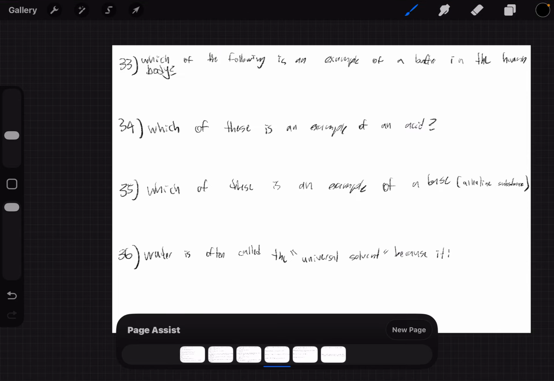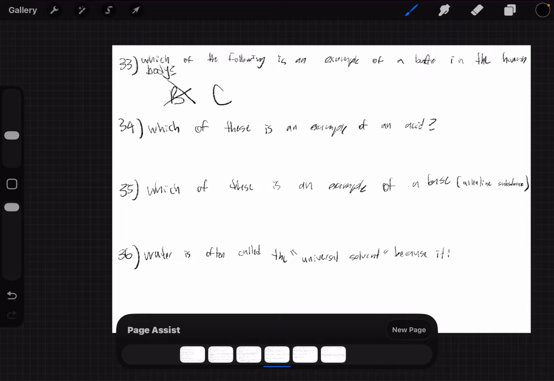Number 33 says, which of the following is an example of a buffer in the human body? I wrote B, which is hydrochloric acid in the stomach, but I was actually wrong, and the real answer was C.